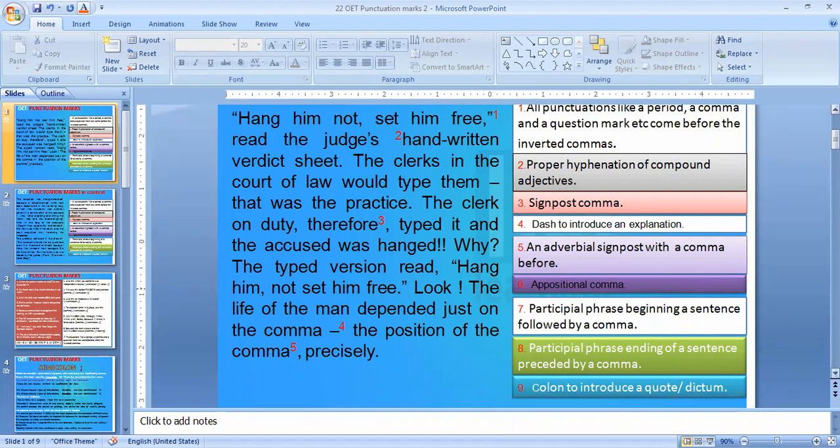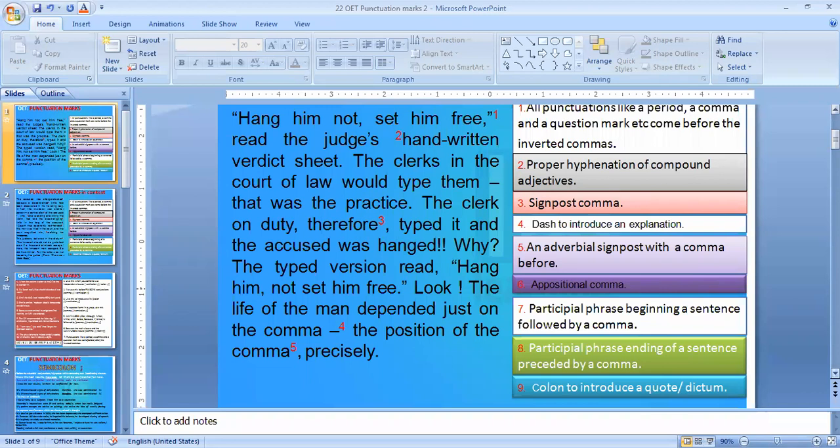But then you see, I hope you understood the story. Actually, the verdict of the judge was hang him not, means don't hang him, set him free. But then the clerk, whatever the judge announces or declares should be written or typed. By mistake, he shifted the comma.